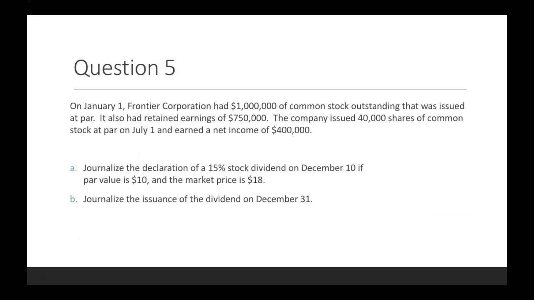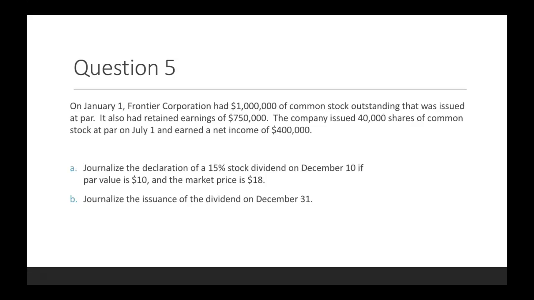So now question number 5. On January 1st, Frontier Corporation had $1 million of common stock outstanding that was issued at par. It also had retained earnings of $750,000. The company issued 40,000 shares of common stock at par on July 1st and earned a net income of $400,000.